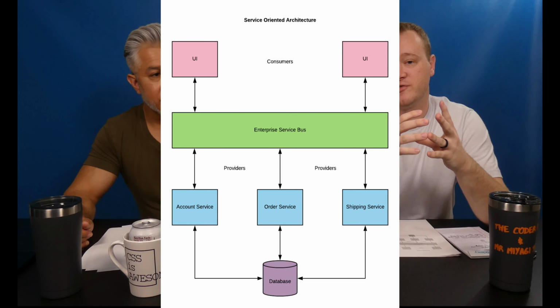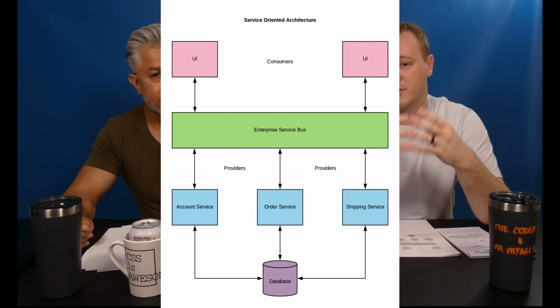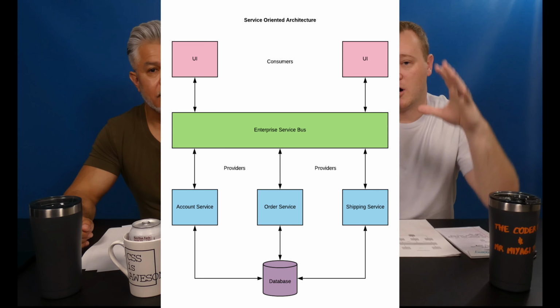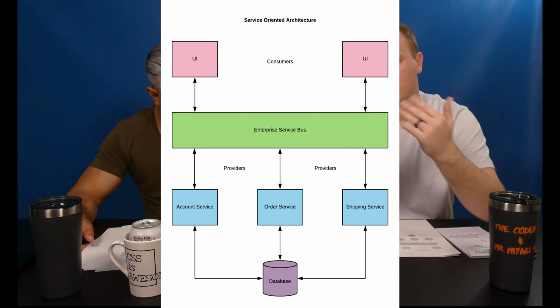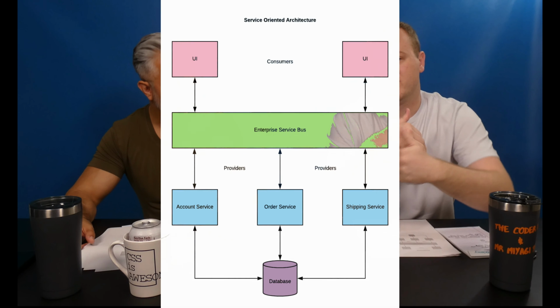What you'll have is the same approach as with microservices, where you have these UI pieces, whether it's a mobile app or a web application, and they'll still most likely go through an API gateway, but instead of going to a microservice itself, it's going to go to the service bus, a thing that's called the enterprise service bus.